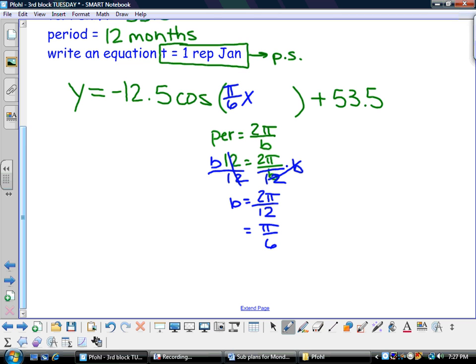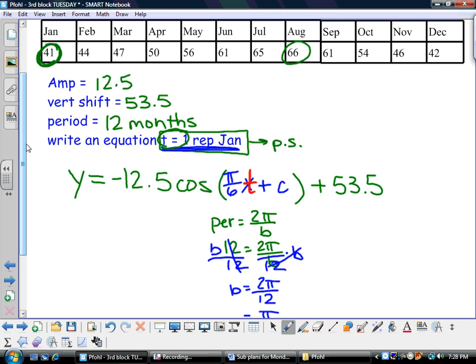We said we were going to use the t=1 representing January to help us with the phase shift. For right now, I'm going to fill in a plus C. We need to figure out what value C would be to make t=1 represent January. Now, by the way, since it says t=1, I really should be using a t here for time instead of an x.